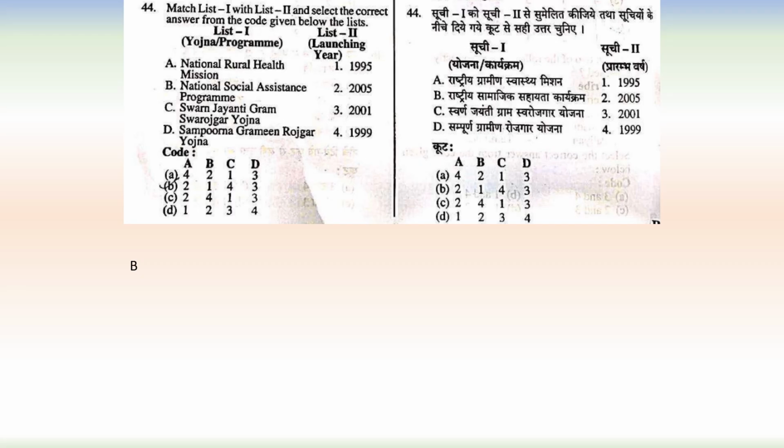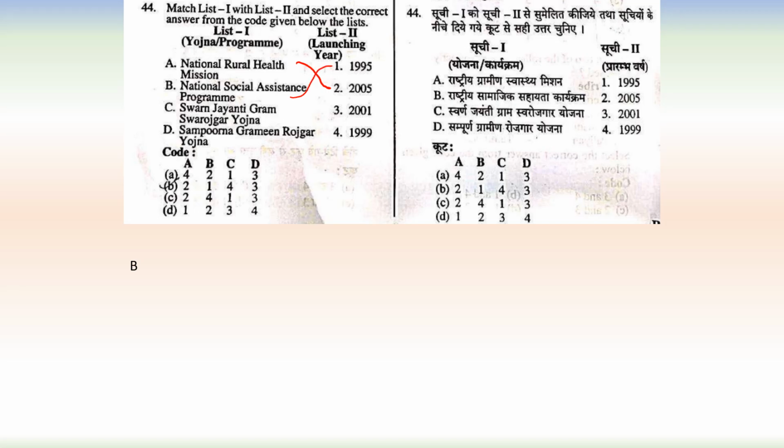Next one, we have to match list 1 with list 2, Yojana in list 1 and launching year in list 2. National Rural Health Mission was launched in 2005. National Social Assistance Program was launched in 1995.